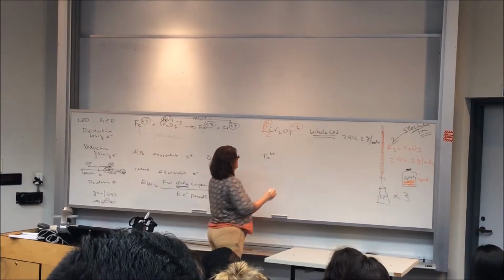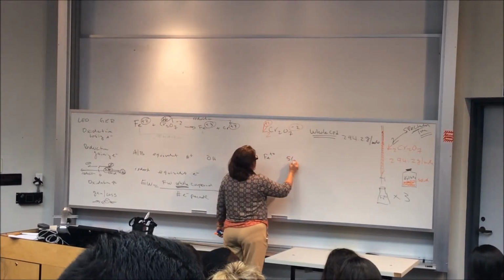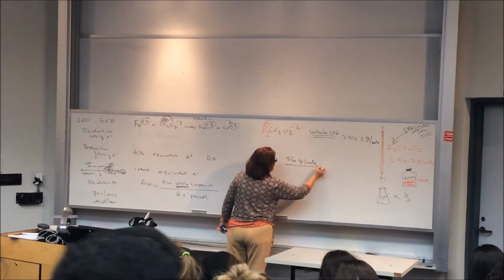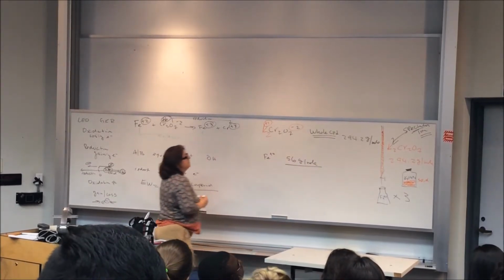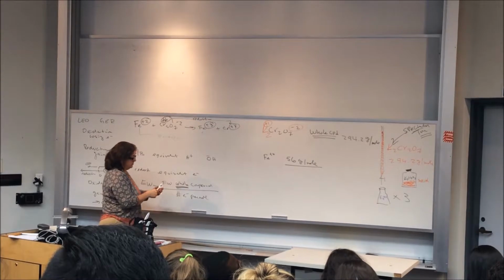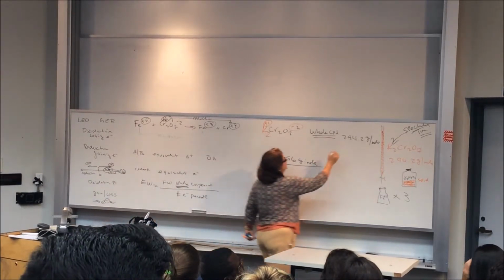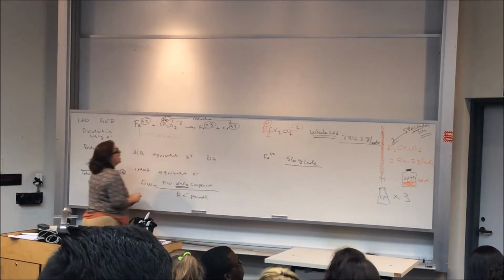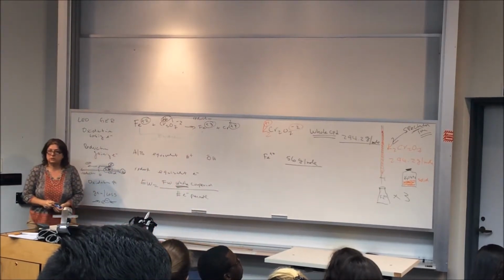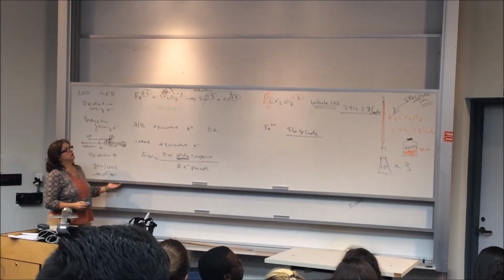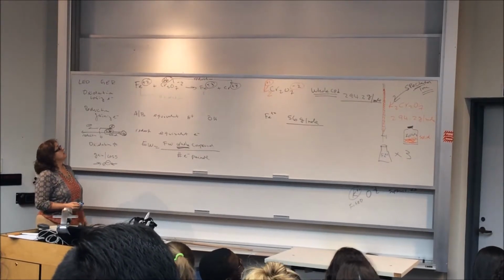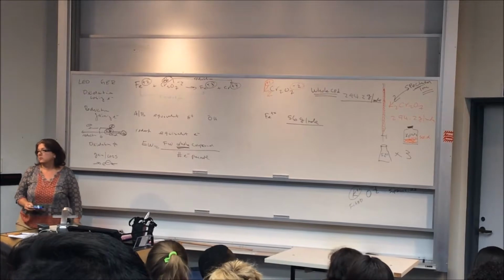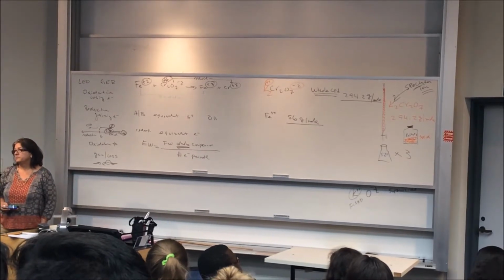55, 56 grams per mole divided by the number of electrons. How many electrons was the oxidation of iron involved in?